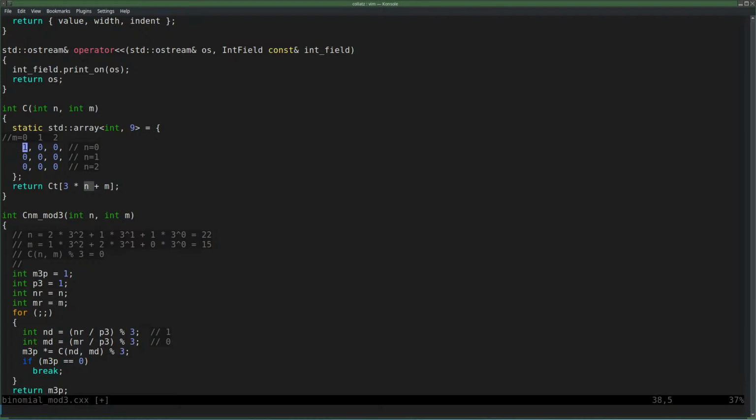So we have only this value here, and then here we have 1 and 1. And then here we have 1 and 2 and 1. Let's make it a Pascal triangle.